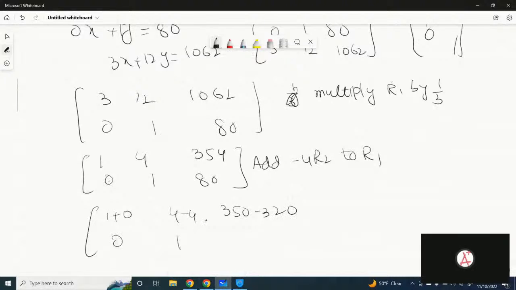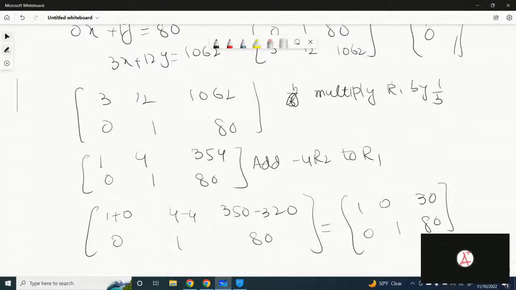So it would be 0, 1 and 80. So when you solve it, it would be 1, 0, 0, 1, and 354 minus 320 is 34, and 80. Got it? So the solution of this equation is 34 and 80.